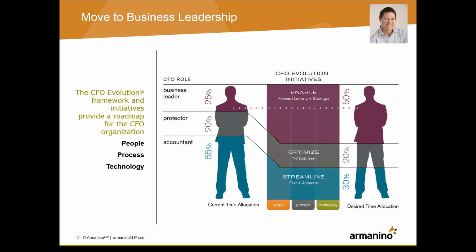So CFOs must streamline the accounting role to become faster and more accurate. They must optimize their protector role to manage for no surprises, so keeping companies out of the newspaper headlines for the wrong reasons, making sure the organization is hitting the predictable nature of the business, whether it's budget to actual or abiding by all the compliance rules and regulations that relate to the protector role.